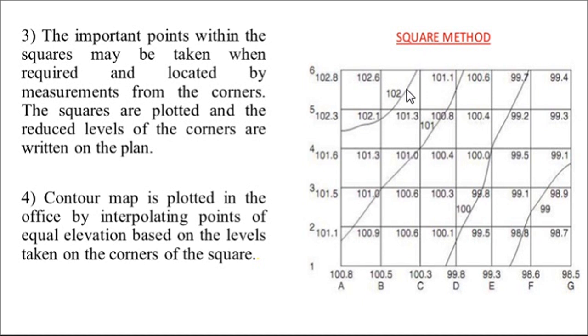So by joining all these points we will get the contour line for 102. Similarly, for 100, the first point which we have selected is in between the 99.8 and 100.3 contours.